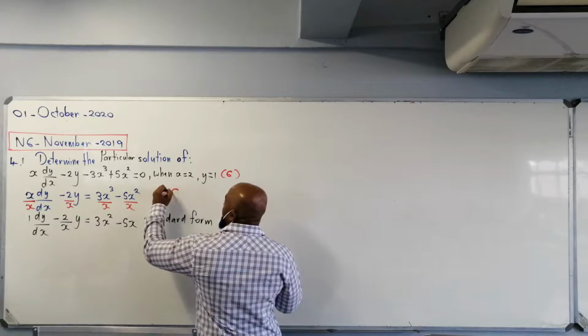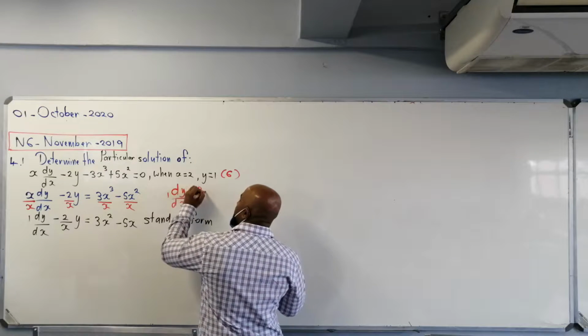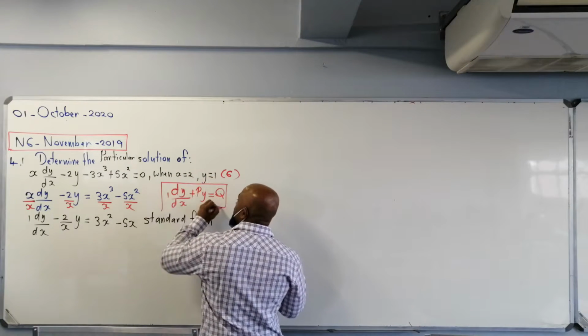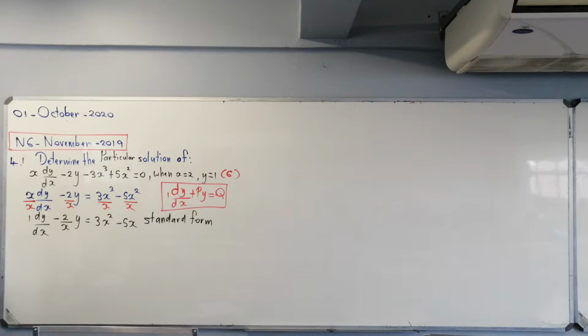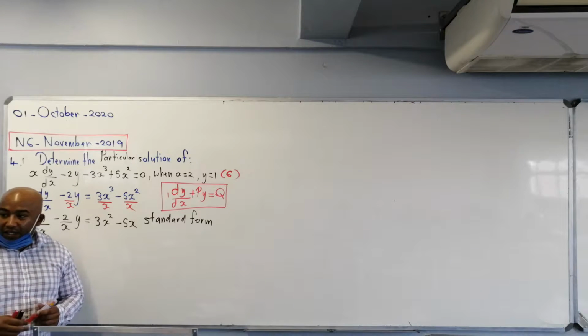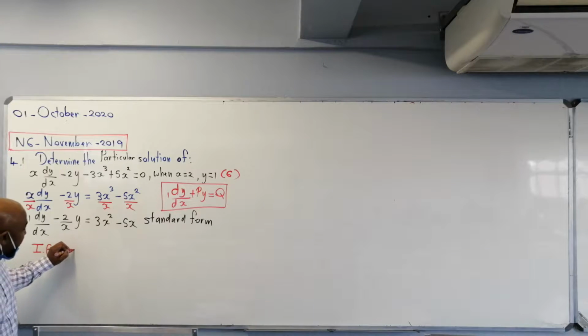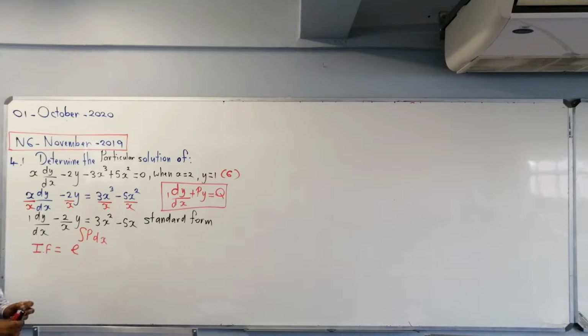So my standard form is dy over dx plus py is equal to q. You must always have the standard form in mind. Now, the next step is to get your integrating factor. So your integrating factor is given by the formula e to the integral of p dx.